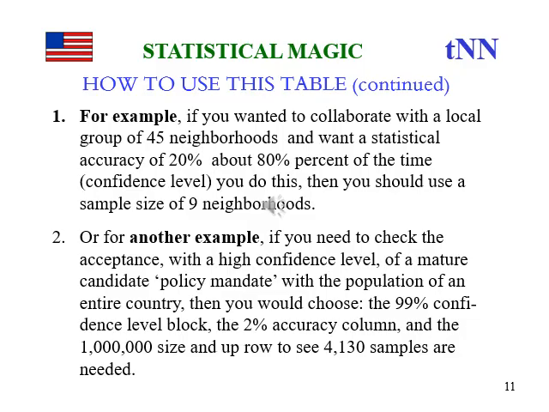Or, for another example, if you need to check the acceptance with a high confidence level of a major candidate policy mandate with the population of an entire country, then you would choose the 99% confidence level block, the 2% accuracy column in that block, and you would go to the bottom of the table where the population size is 1 million and up.